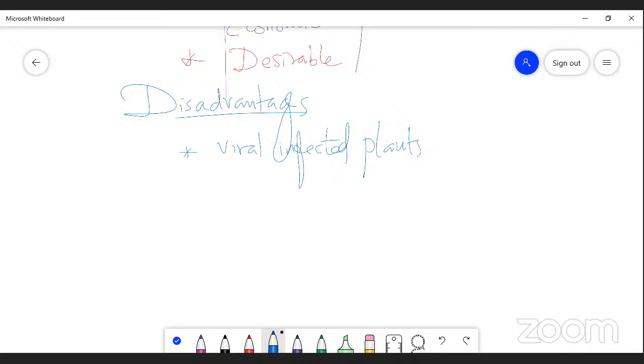Because when we propagate plants infected by virus, as a result we again get viral infected plants. That is one of the disadvantages of the artificial method.